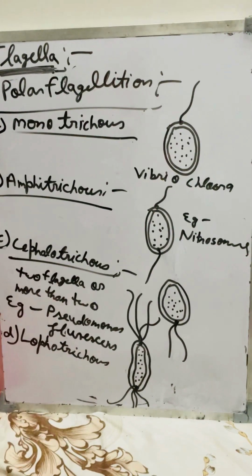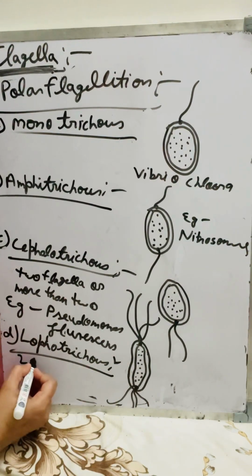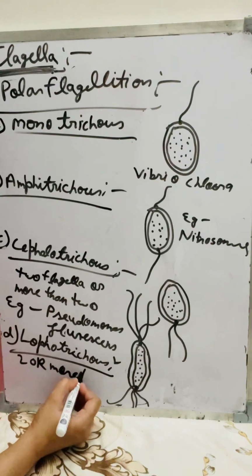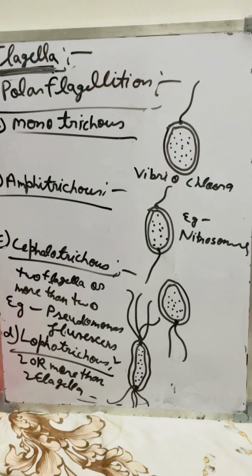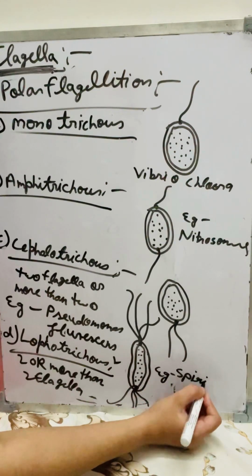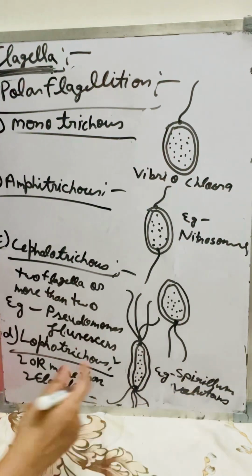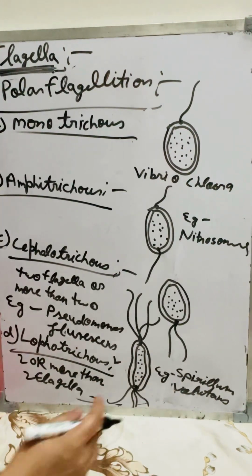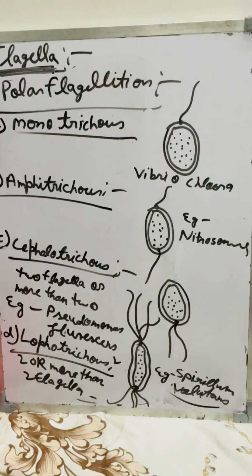On both ends, two or more than two flagella. This kind is called lophotrichous. The example of lophotrichous is Spirillum volutans, spelled V-O-L-U-T-A-N-S.